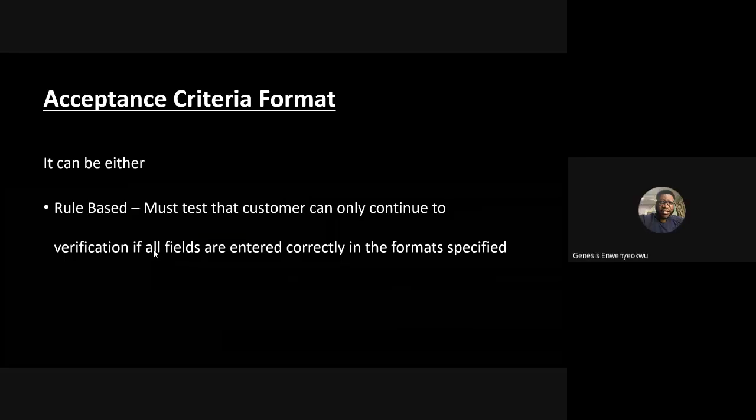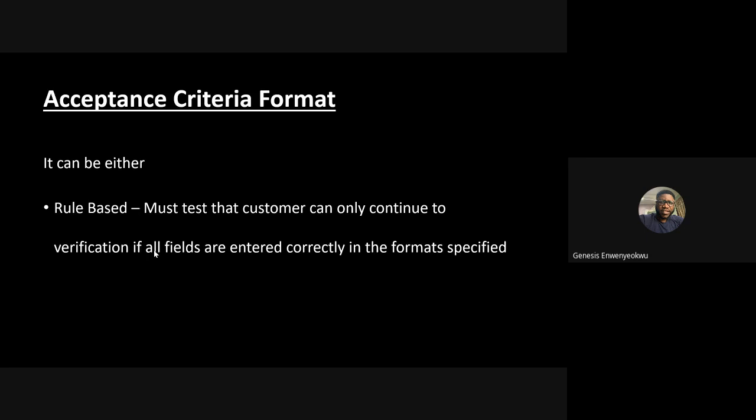Okay, so for the rule base, what we're basically talking about is that you are stating the rules, you're stating the conditions. Let's say, for instance, we write a user story, and a rule base can say the login button should be functional when the customer clicks on it. You're stating that rule.